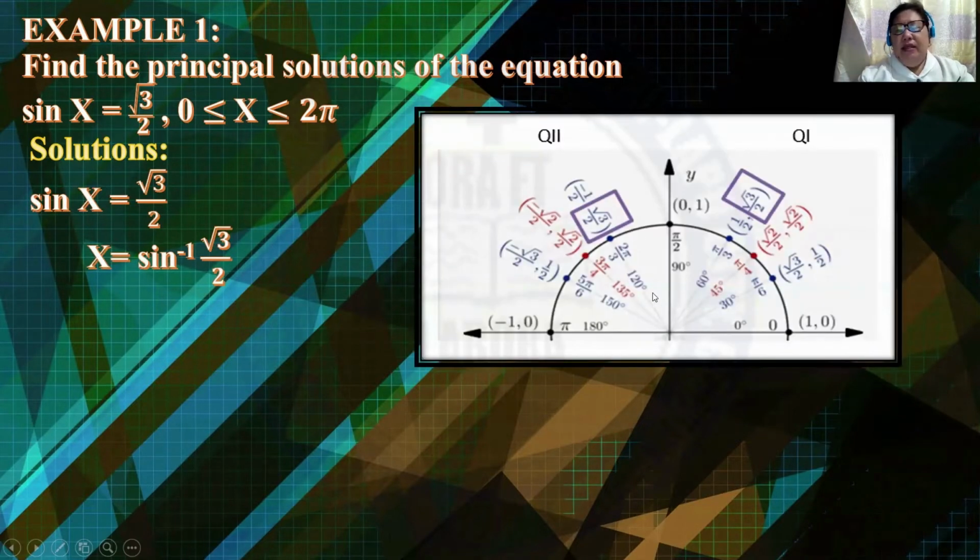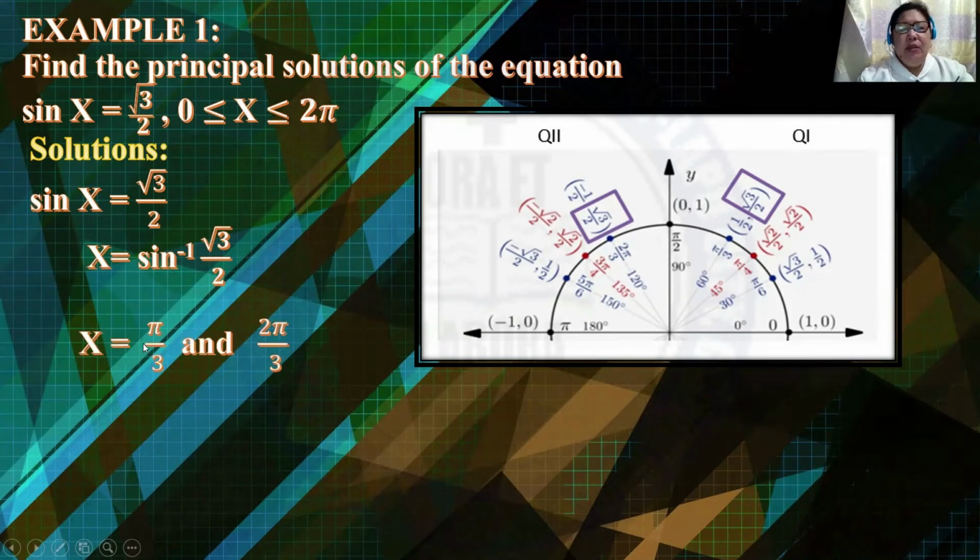And using the unit circle, we have quadrant 1 having sine equivalent to square root of 3 over 2, in which the angle is pi over 3. And in quadrant 2, we also have square root of 3 over 2, which is the value of y or the sine function.